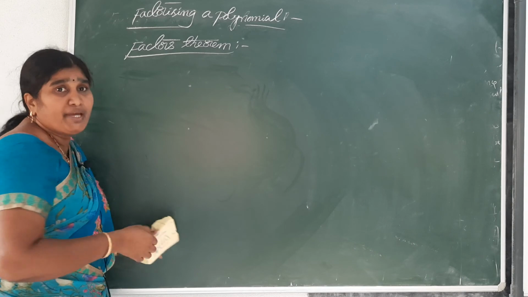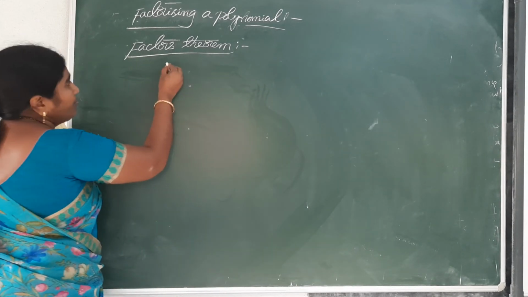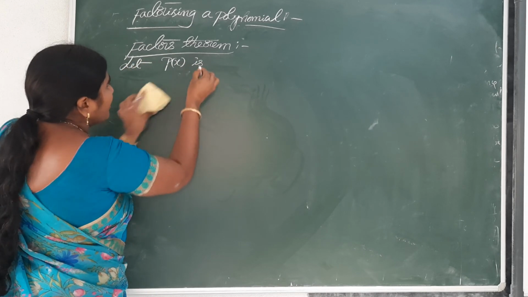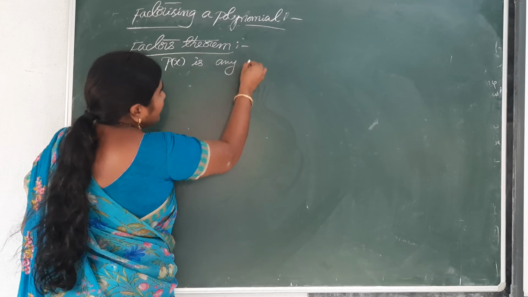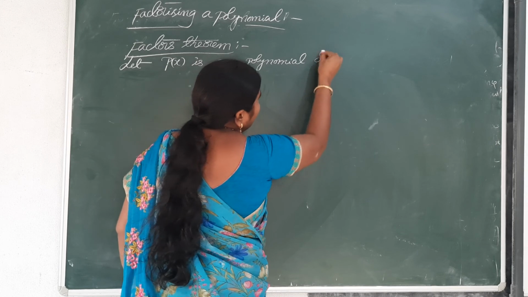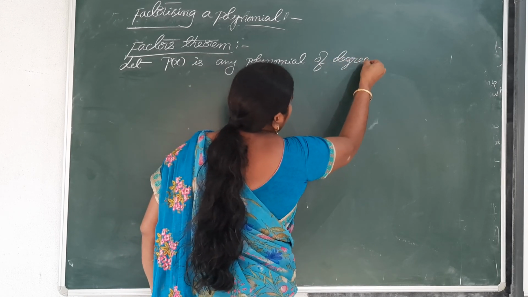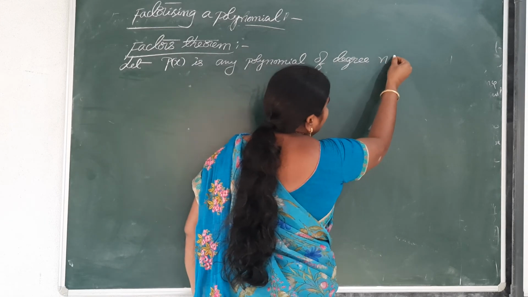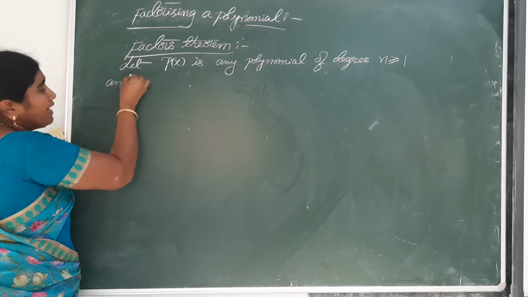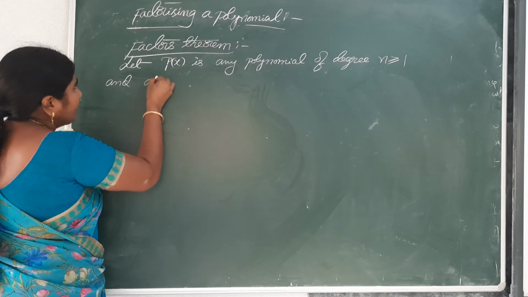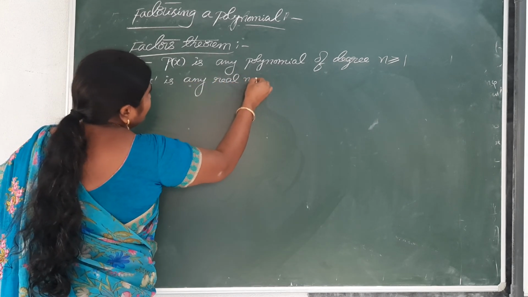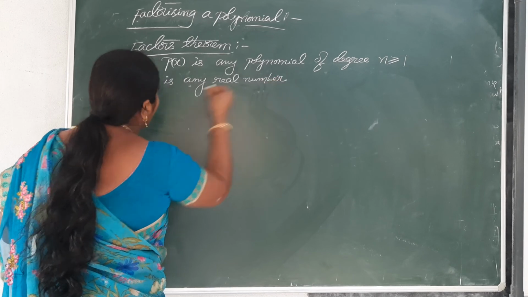Let p of x be any polynomial of degree n greater than or equal to 1, and a is any real number.